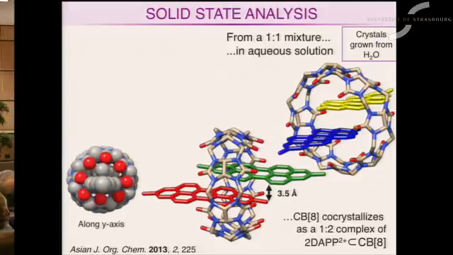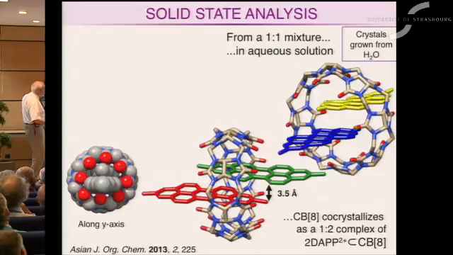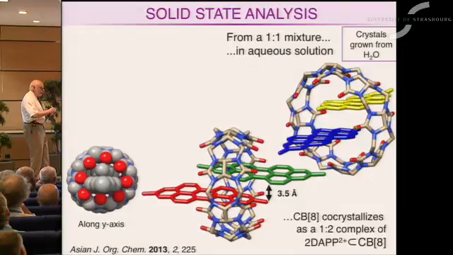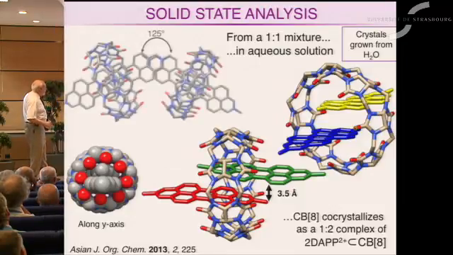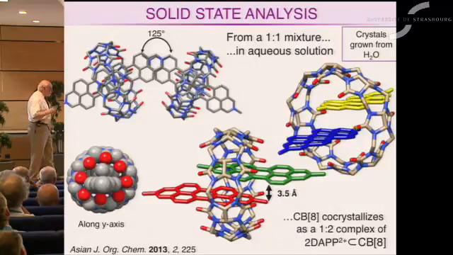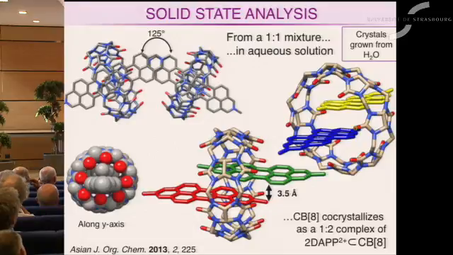And here's another view looking down with a space filling representation of how these 2 are nestling inside the receptor. Then another interesting feature that I'm going to play to later is the fact that we get this overlap subsequently also of aromatic residues beyond the receptor unit.